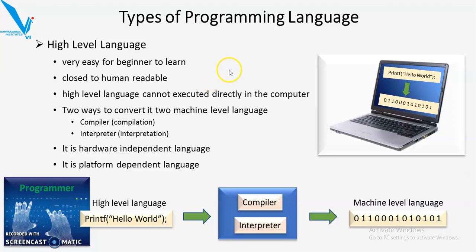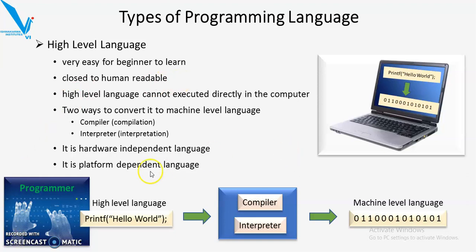This language is designed in such a way that it is very easy for beginners to learn, and it is very close to human readable language. For example, if we want to add 5 and 6, we just need to write 5 plus 6, that's it, which is a lot more similar to human language.